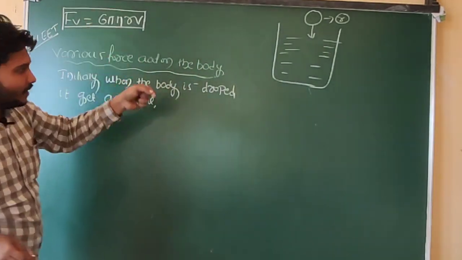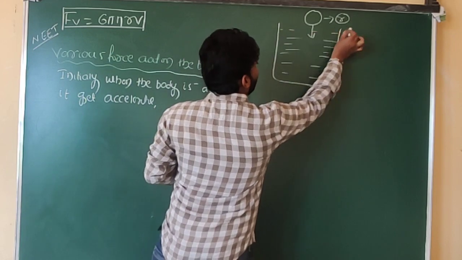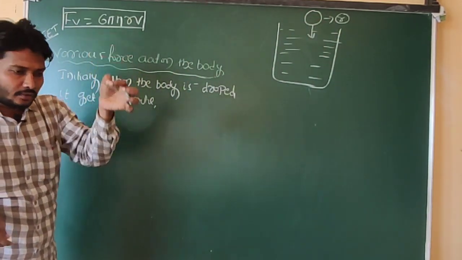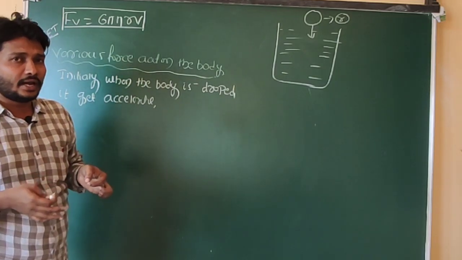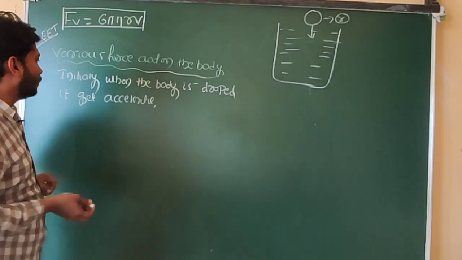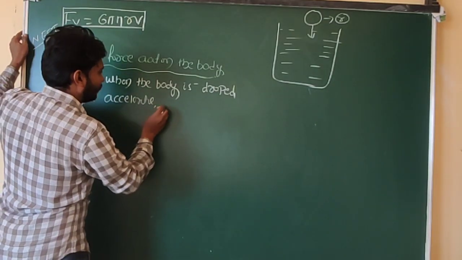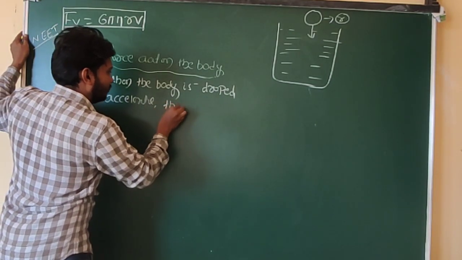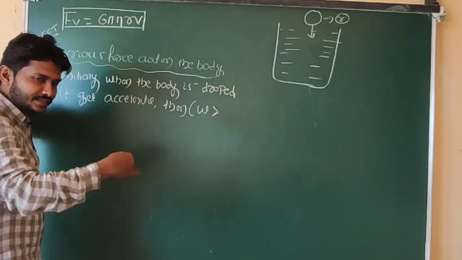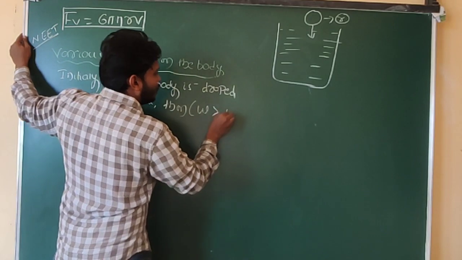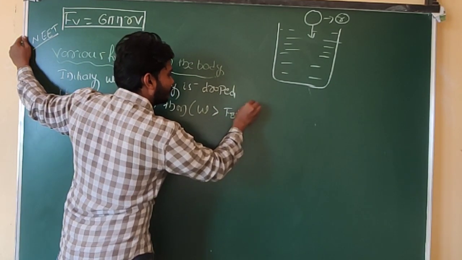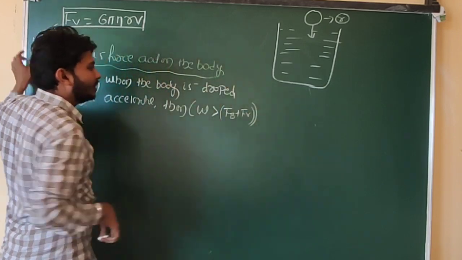When the spherical body is moving in the fluid, the weight of the body acts vertically downward, and the buoyant force and viscous force act opposite to the direction of the weight. Since the body is accelerating, the weight of the body is greater than the buoyant force plus the viscous force. Did you get my point?